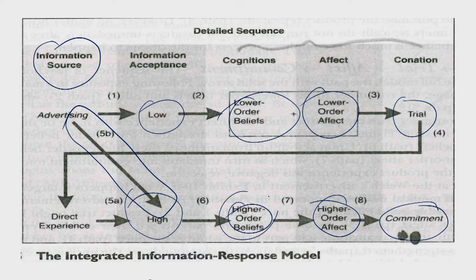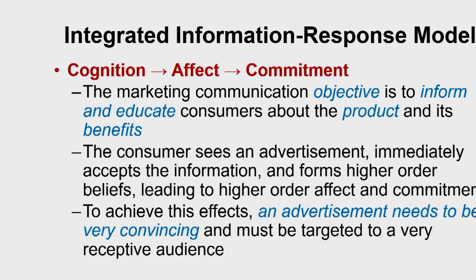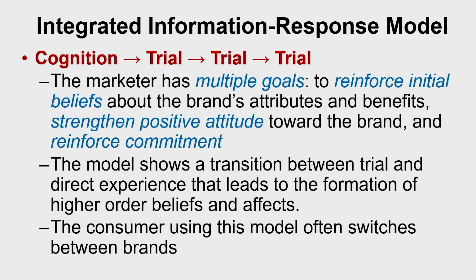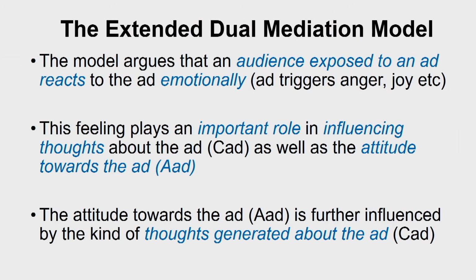Once he tries the product, he forms a higher order belief, higher order effect, and then forms a commitment to the particular product. There is a third way in which the consumer forms lower order beliefs and lower order effect, and then tries the product, does not get satisfied with the product and goes on trying the product again and again. That is what we discussed in the last class, these 3 or 4 different possibilities of this model. How does this really work?